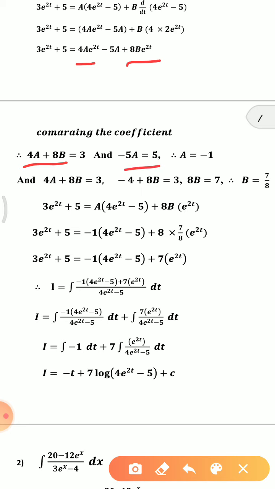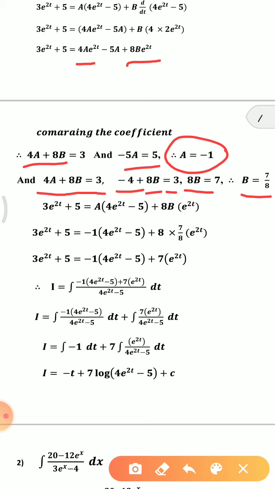Shifting the 5, A equals 5 by -5, which is -1. So the value of A is -1. Substituting A = -1 into 4A + 8B = 3: 4 times -1 is -4, so -4 + 8B = 3. Shifting the -4, 8B equals 7, so B equals 7/8.